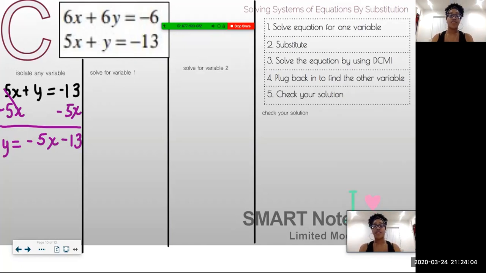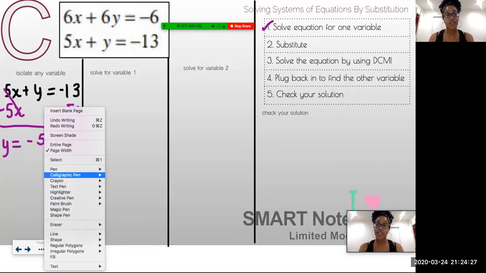So this is my new equation, right? So I know that y is equal to negative 5x minus 13. That means that anywhere in my equation that I see y, I can replace it for negative 5x minus 13. So now I did this, I can substitute in like I was doing before.